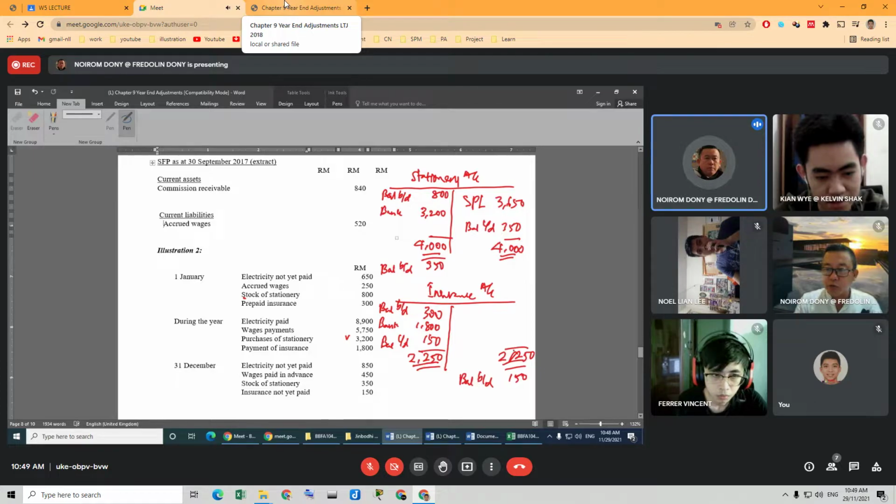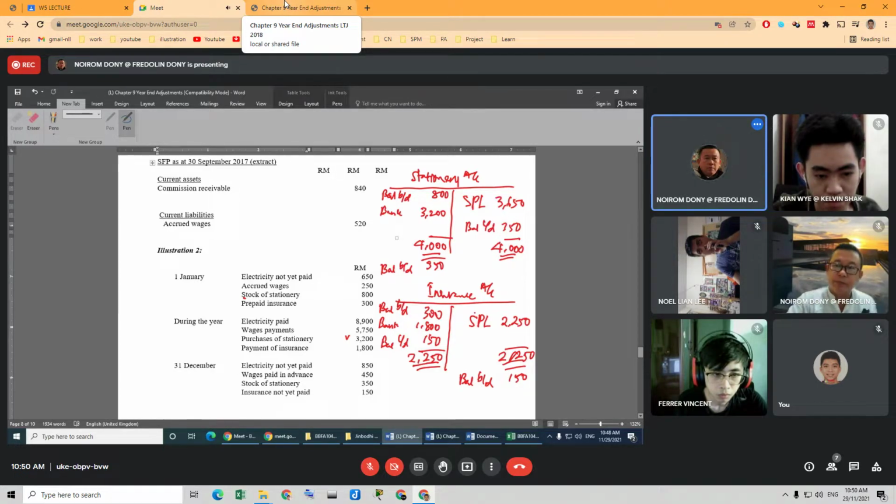In order to make the total on the credit side 2,250, you must put 2,250 because there's none, isn't it? So 2,250 minus 0 is 2,250. This is the amount that you need to close off, put into statement of profit or loss at the last day of the year.